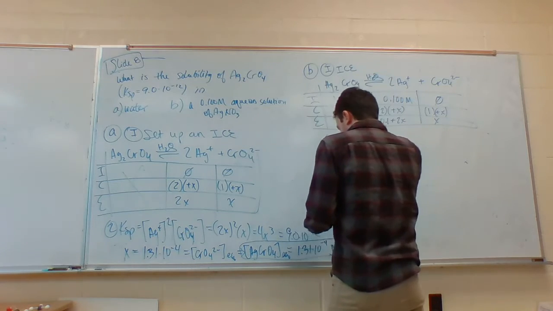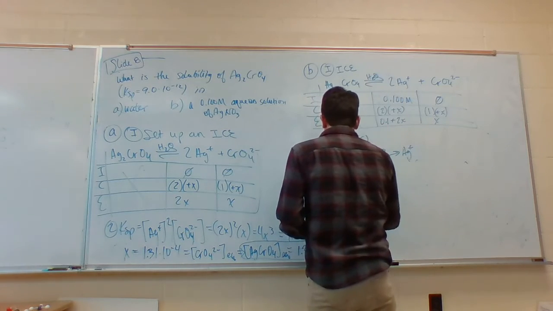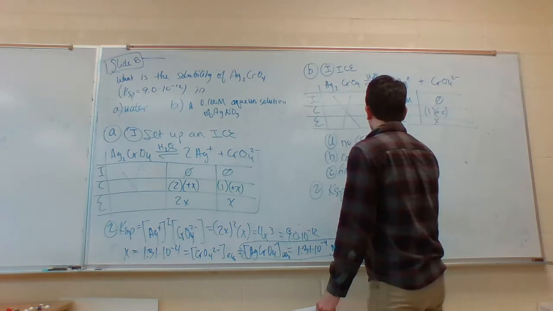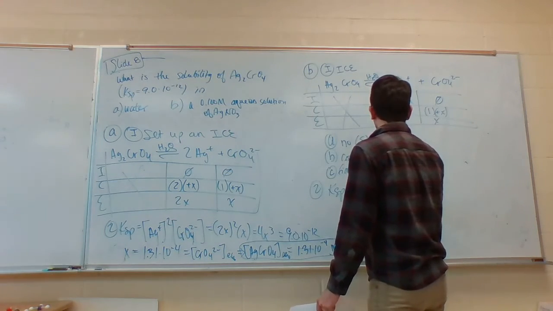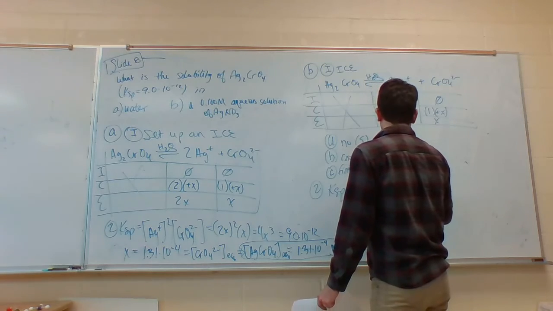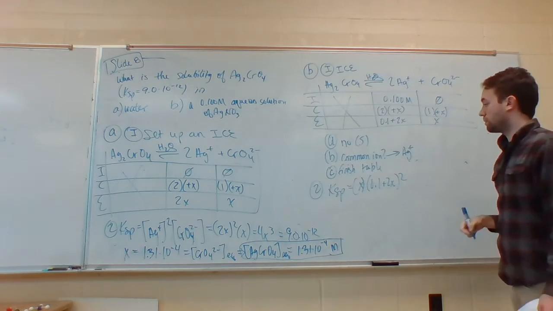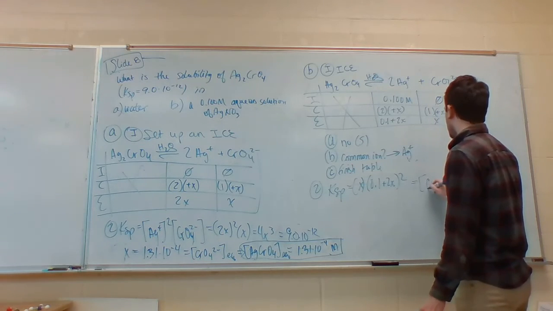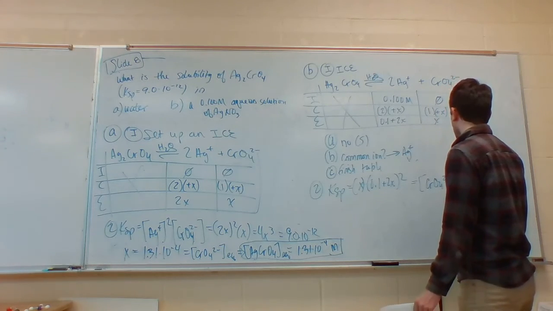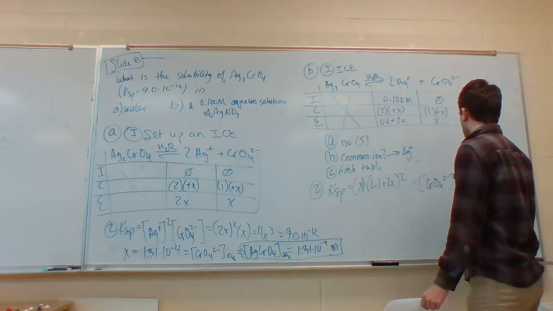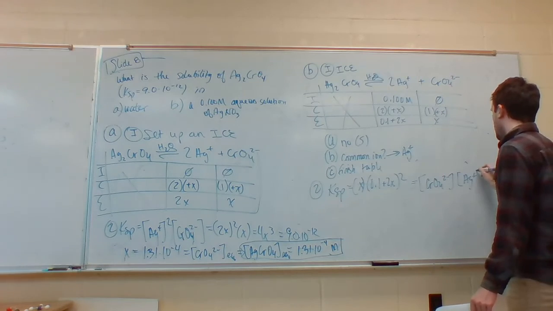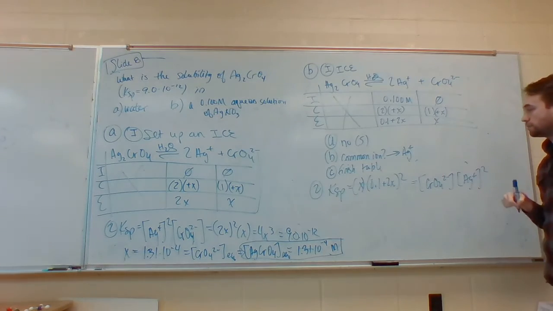Part 2 is to set up our KSP expression, right? So that's going to be x times (0.1 plus 2x) squared. Remember I got that by taking my concentration of CrO4 2 minus to the first, and my concentration of Ag plus to the second.